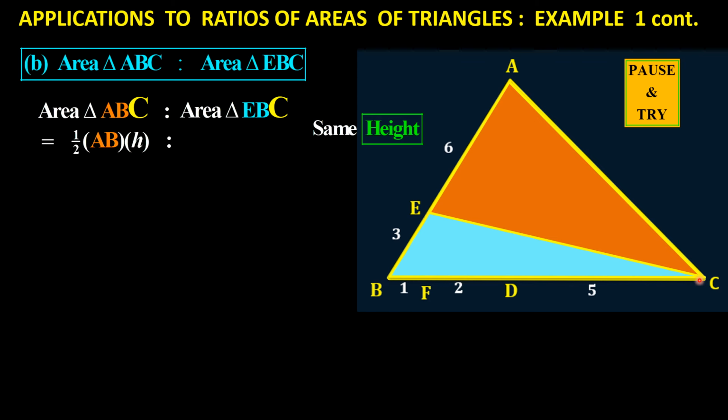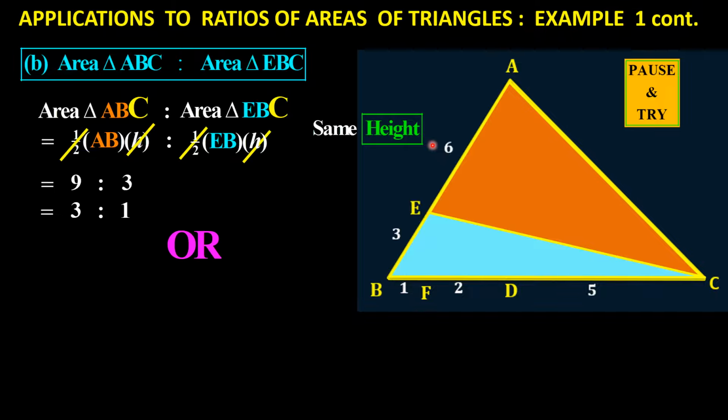The height is from C, so that will be the height. And so that will be half AB times H, and the other one is half EB times H. We can simplify again. Therefore, AB over EB, where AB is 6 plus 3, which is 9, and EB is 3, and we simplify that. 3:1. You always simplify a ratio. 3 parts is to 1.